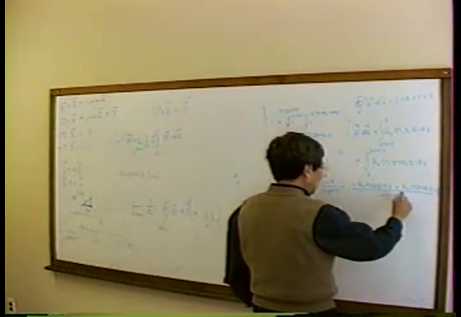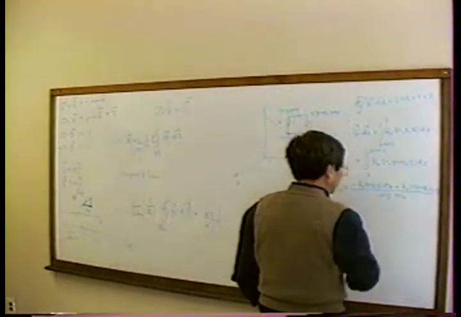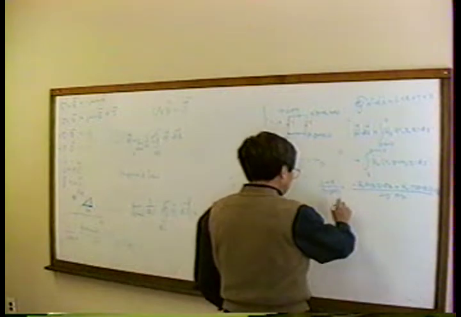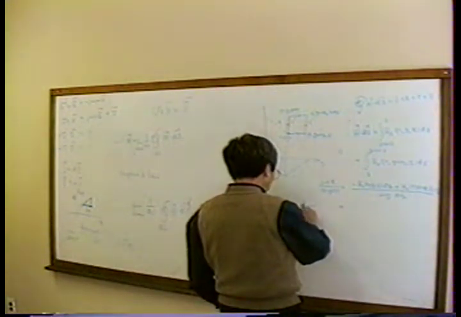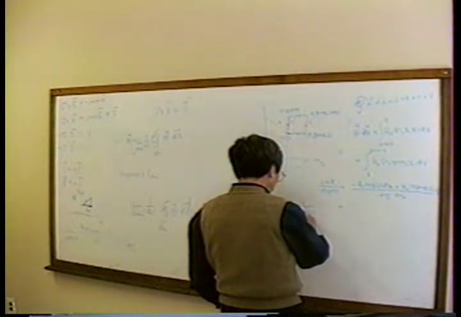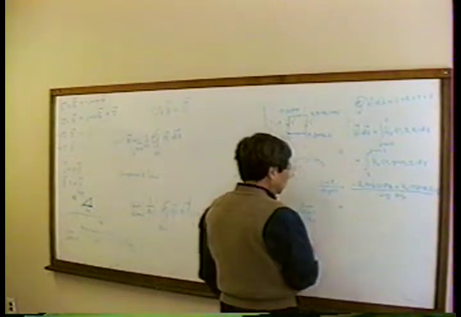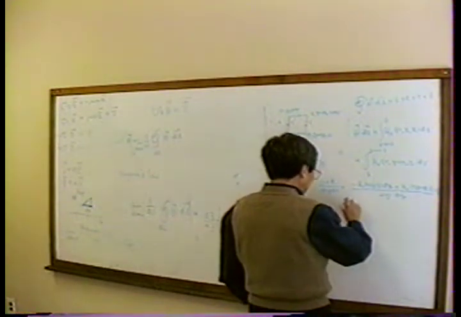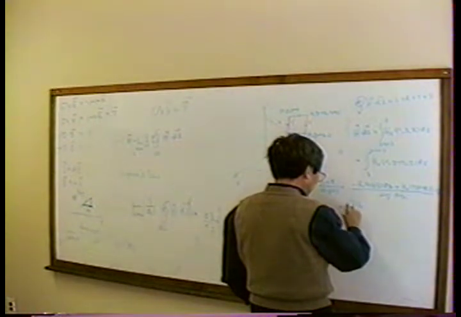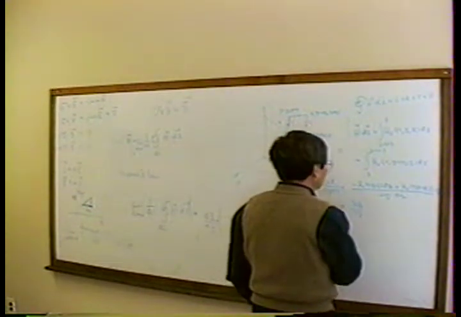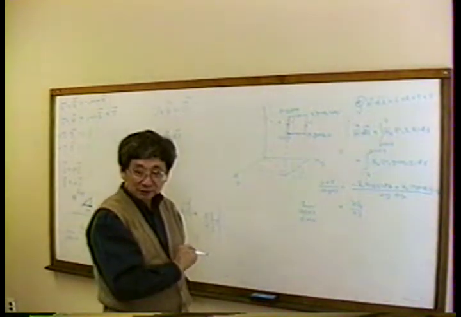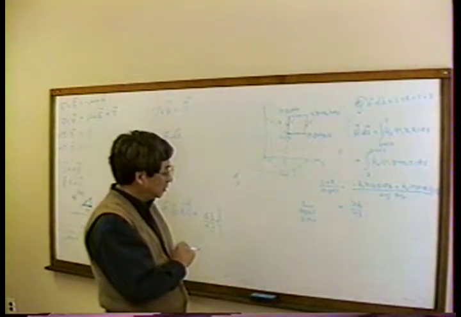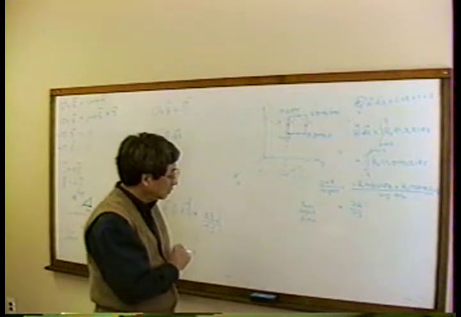So delta z goes out of business. So this is equal to the limit delta y equals 0, delta z equals 0, and this is equal to partial Hx partial y. Hold on, I'm not done.